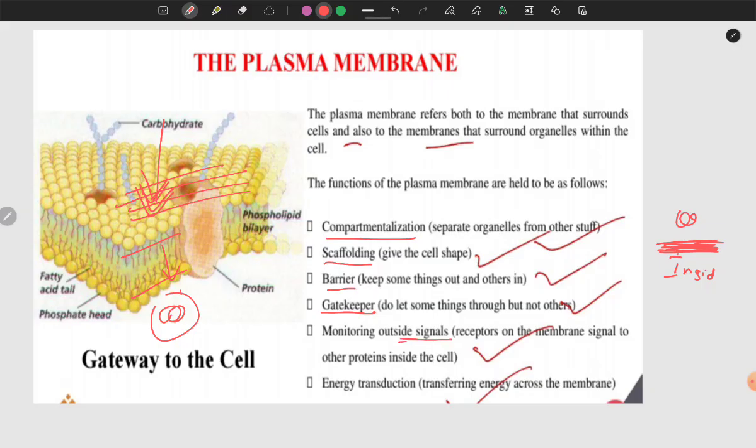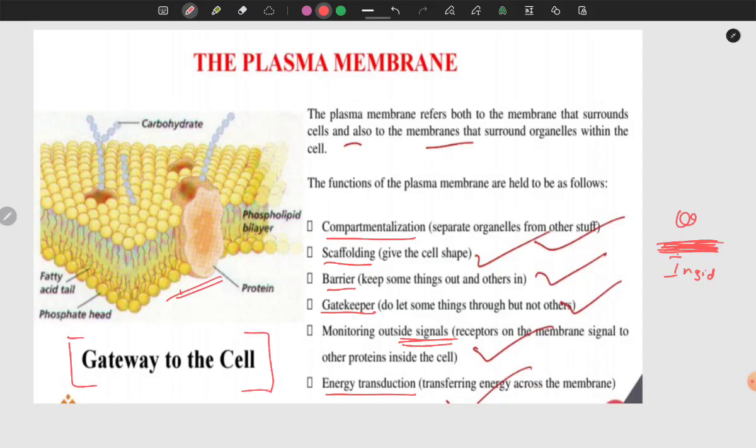It does the signaling work, like the signal will be passed here, it will take on the signal and pass it to the cell inside. And energy transduction is also done by the plasma membrane. It has another name, that is the gateway to the cell. If you want to get inside the cell, you will have to go through the plasma membrane.